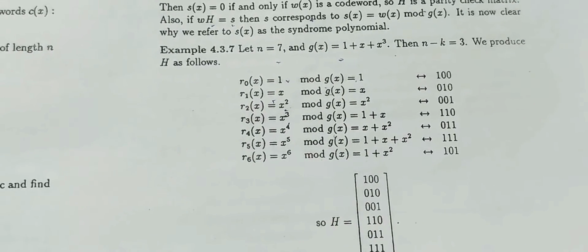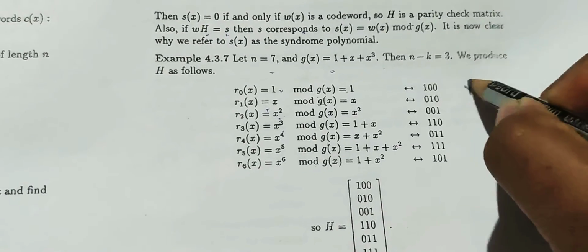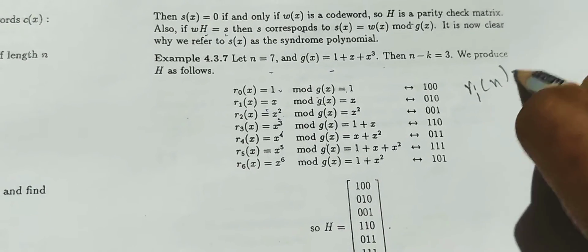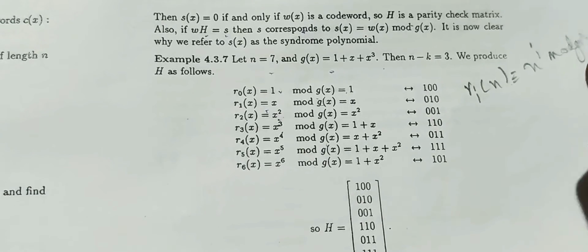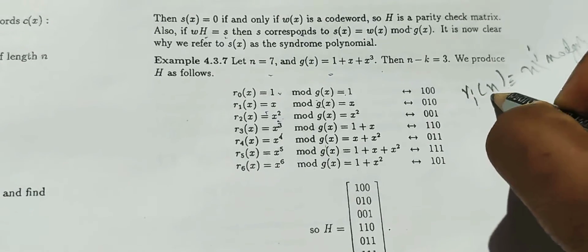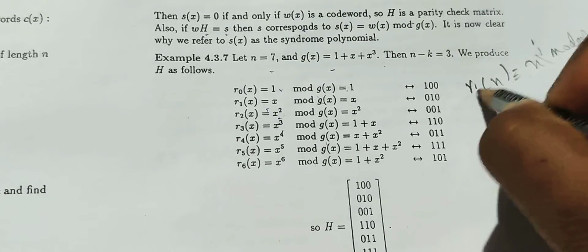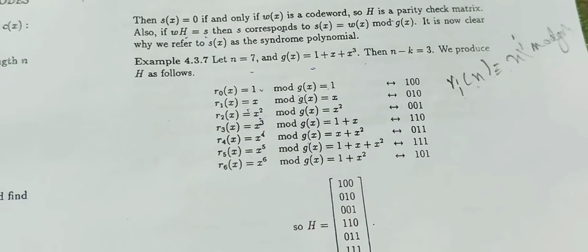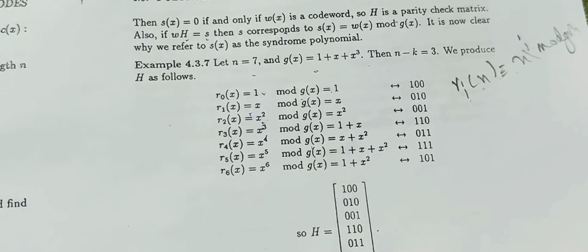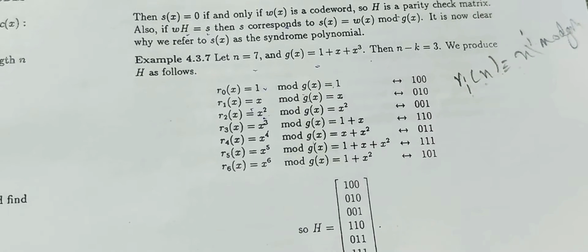R i of x is congruent to x raised to i mod g of x. Okay. So R naught of x is x raised to 0, that is 1. R1 of x is x raised to 1, that is x. So R1 of x is congruent to x mod g of x, that is x. So the corresponding word is 0 1 0.